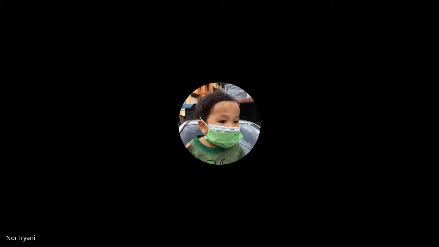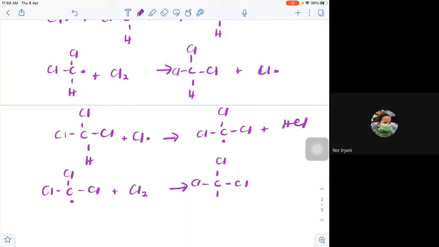And then the final step is we have the CCl3 radical react with a neutral chlorine molecule. So it will complete the octet of the central carbon when the carbon receives the last chlorine attached to it. Now it turns to tetrachloromethane, and the chlorine turns to chlorine radical. So this is the final product that will be produced if the reaction occurs in excess.